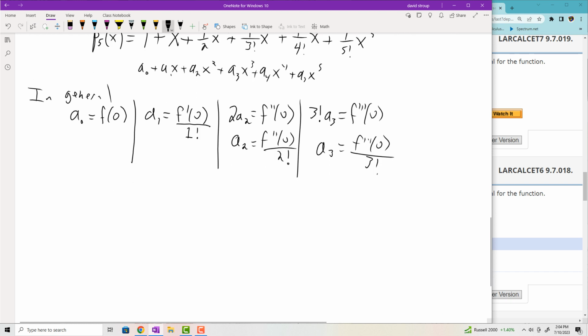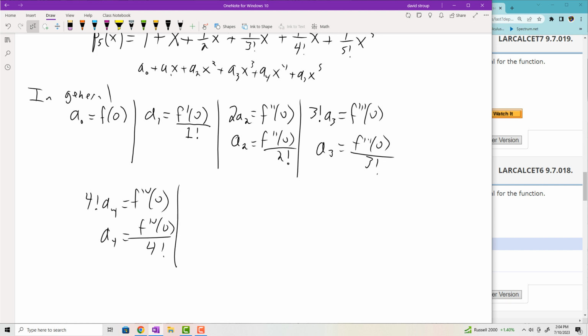So why would I want to do that? It's just so you can see the pattern that's occurring. So 4 factorial a sub 4 will be the fourth derivative evaluated at 0, so a sub 4 will be this. And even if we needed to get up to a higher degree, what if I needed an nth degree? Well, let's not go crazy, let's just say 8th degree.